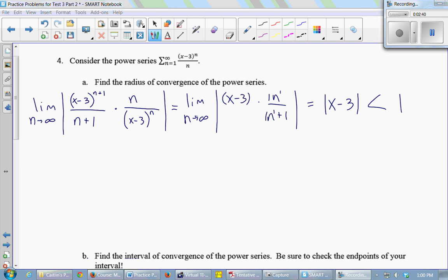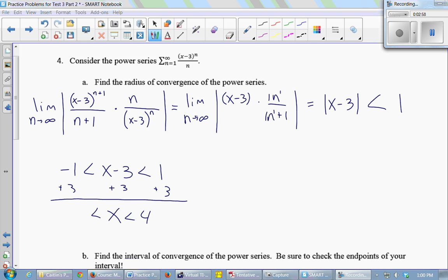So to solve that inequality, what x's make that true? That means that x minus 3 has to be sandwiched between 1 and negative 1. And then you just add 3 to all 3 pieces here, and you get x has to be between 2 and 4.